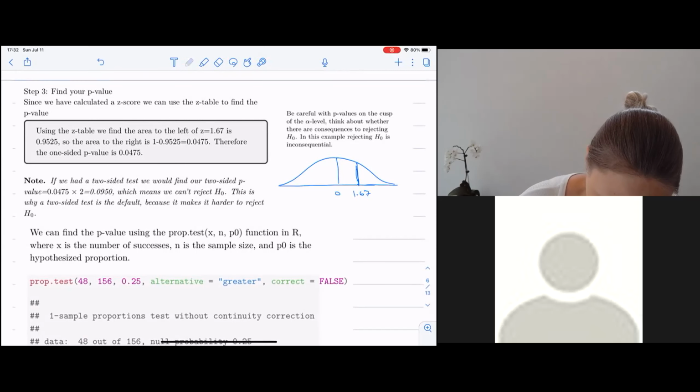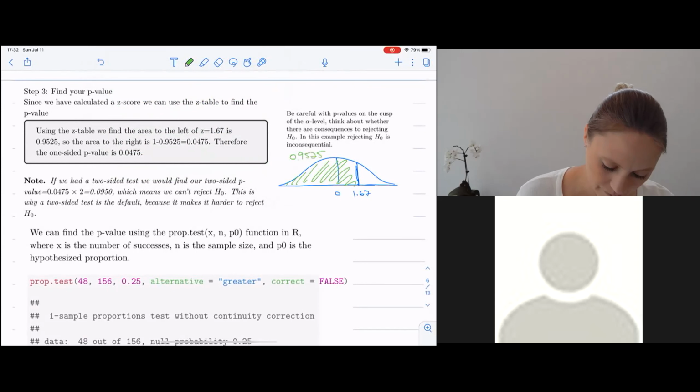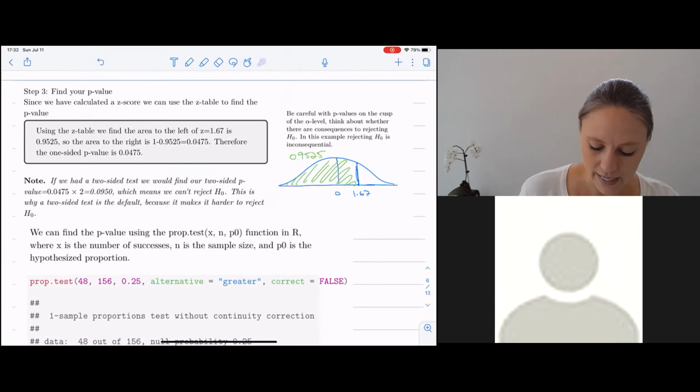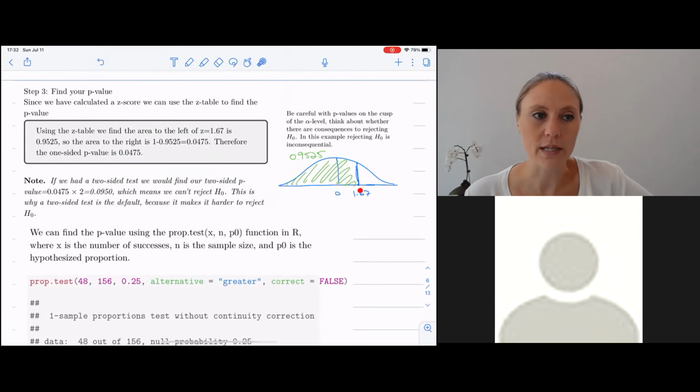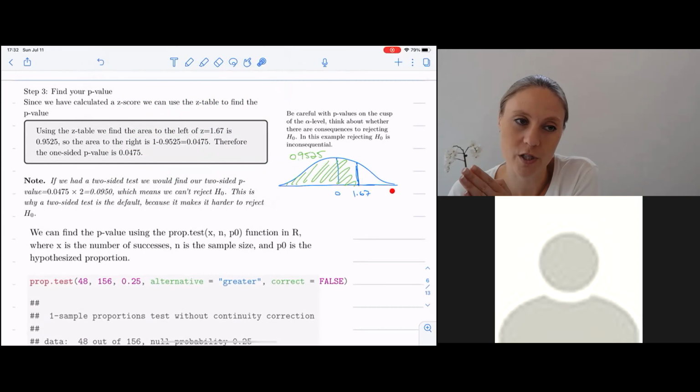This area here is 0.9525. But what do we want? We want to know the probability of being as extreme or more extreme, which puts us in the tail.